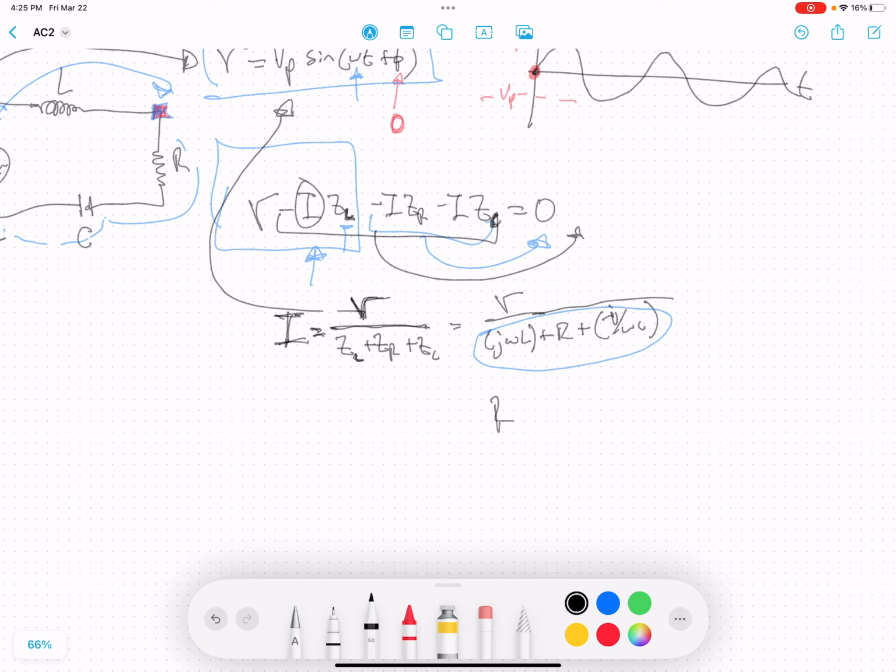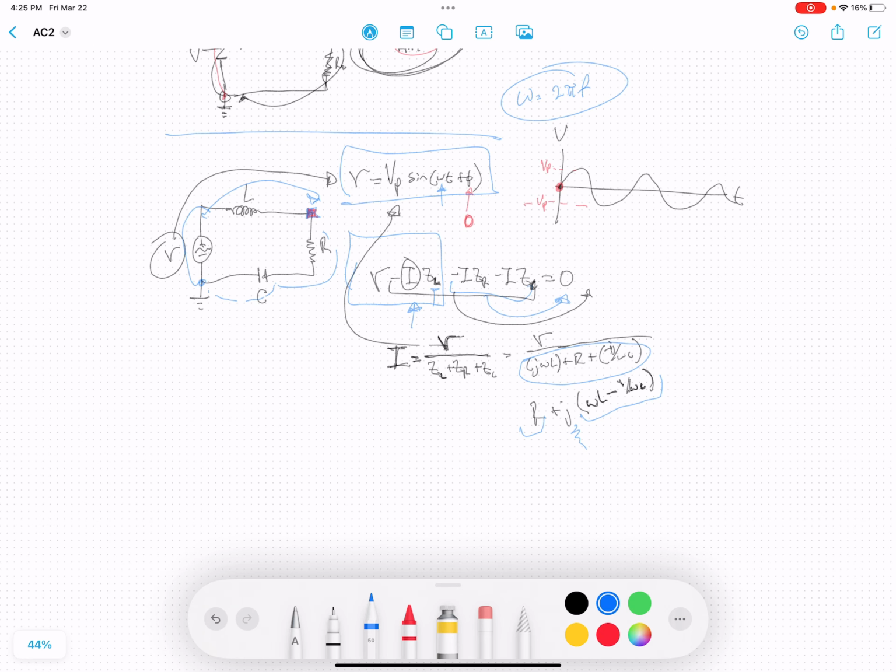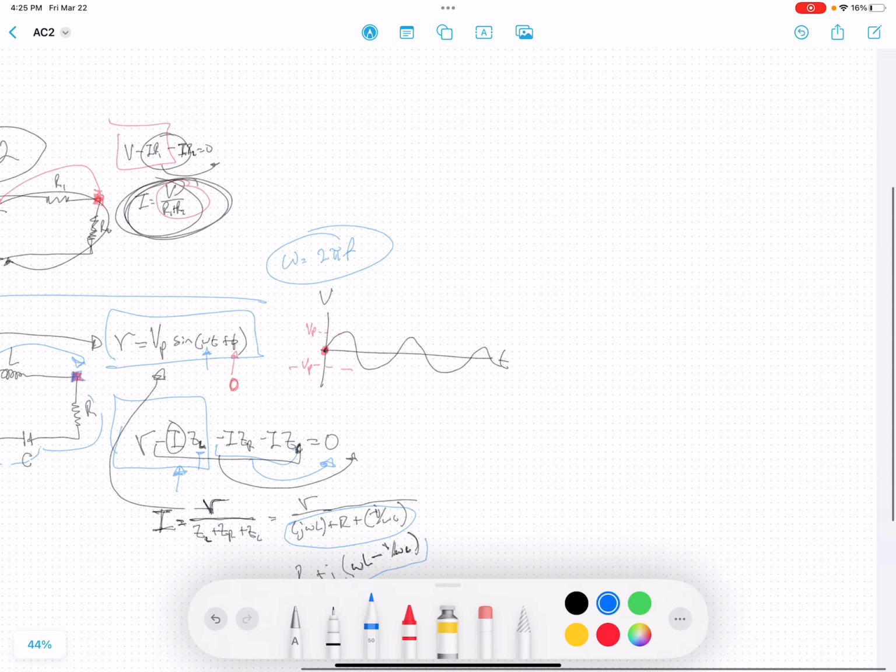R, we'll just say plus J times omega L minus 1 over omega C. Okay. And now I've separated this into a real piece and an imaginary piece, right? This is going to be really important for us in a second, but I'm going to pause where we are right here, and we're going to slide over here.